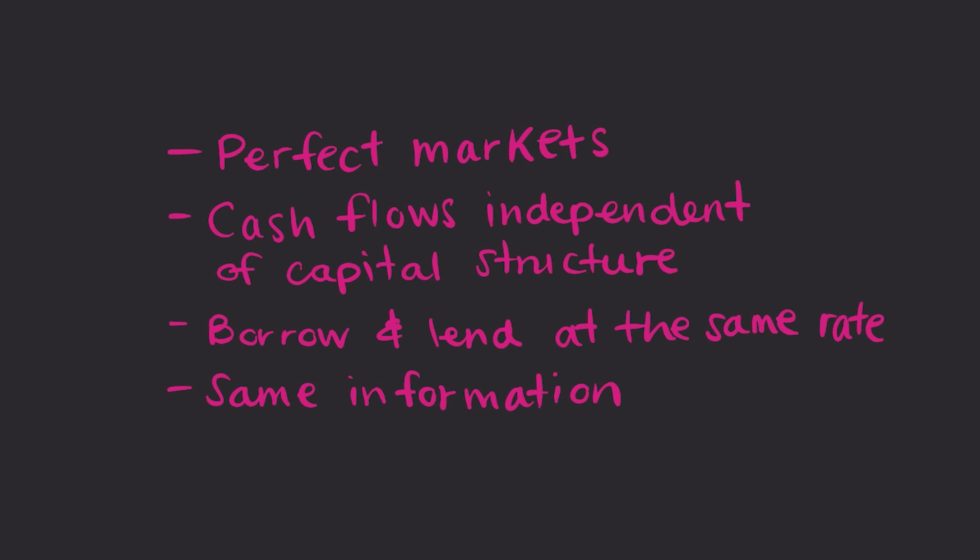And we're going to assume there are no taxes. We'll actually think about what happens in the model if we assume that there were taxes a little bit later on. So these are the Modigliani-Miller assumptions.